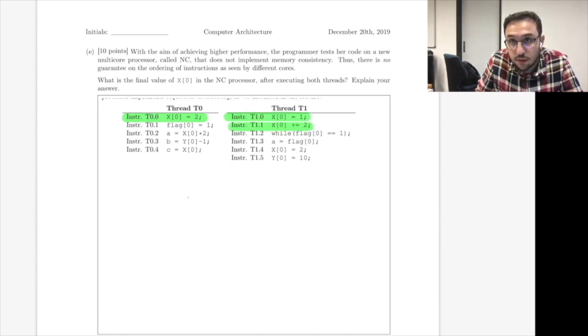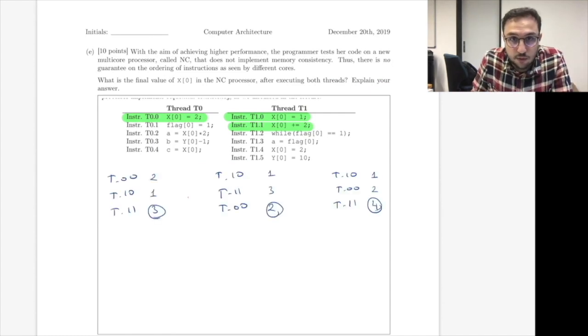Earlier we made the assumption that T11 always executes after T10. But from the perspective of core 0, we can also observe that T11 executes first and then T10 executes. In the second part of the question, there were three possible orderings of these instructions. Now we also need to consider the cases where T11 executes before T10.